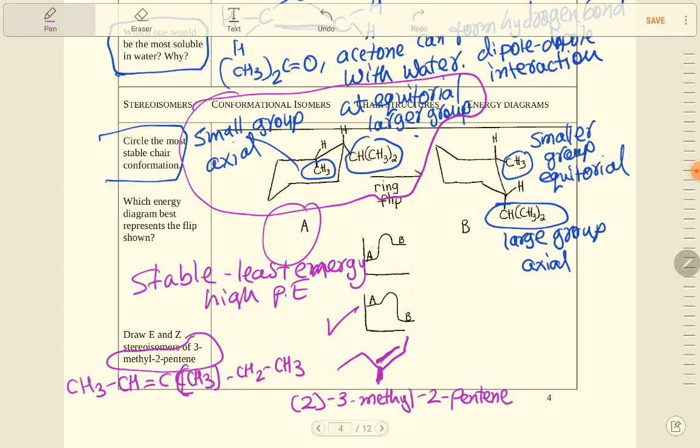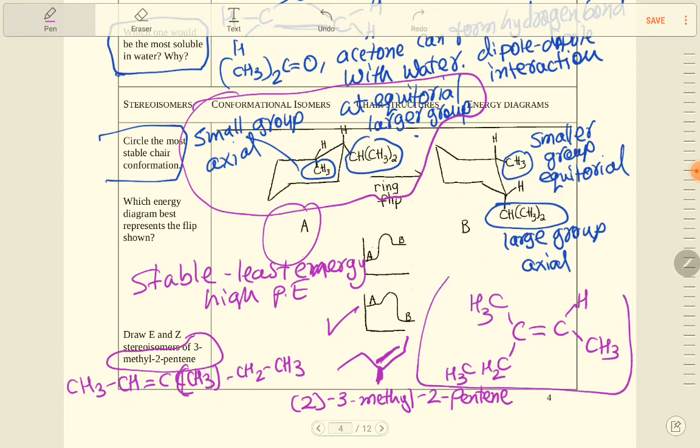And for trans, let's see how we draw the trans one. Trans is more stable, and I need more space here. CH3, CH2, CH3, CH3.